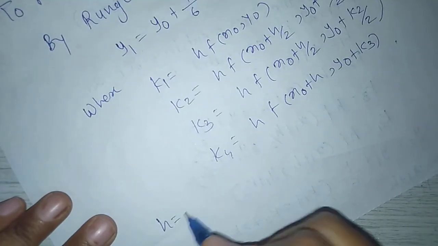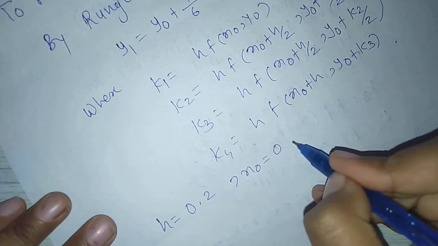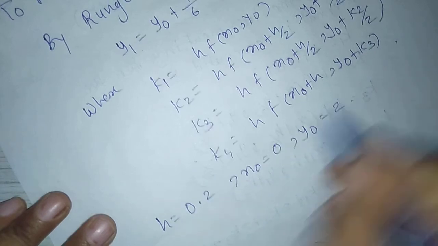Here h equal to 0.2, x naught equal to 0, y naught equal to 2.